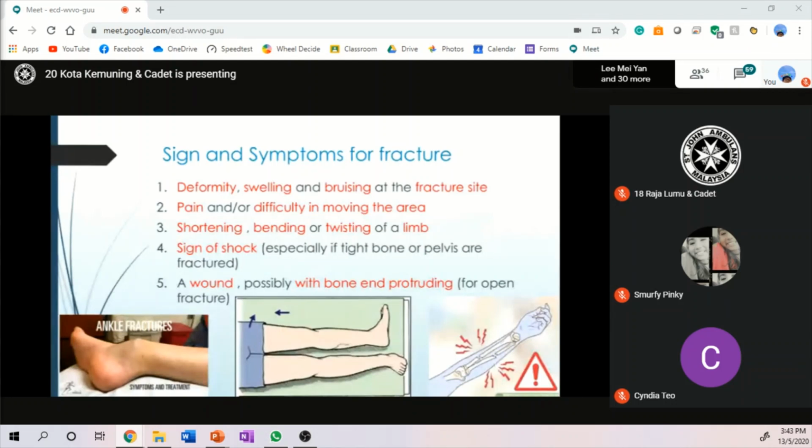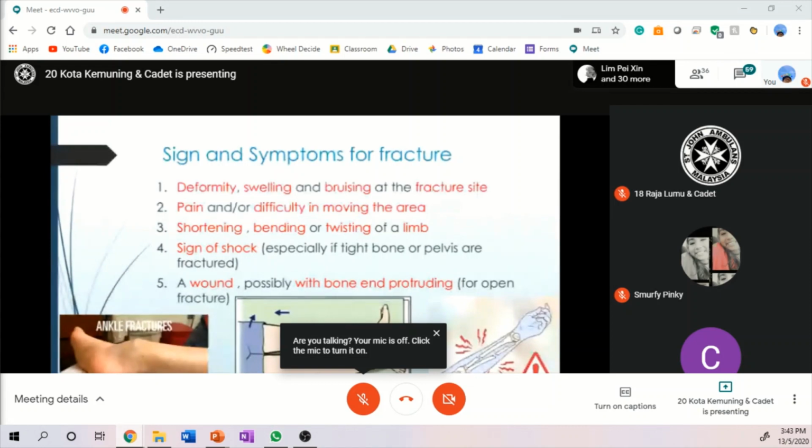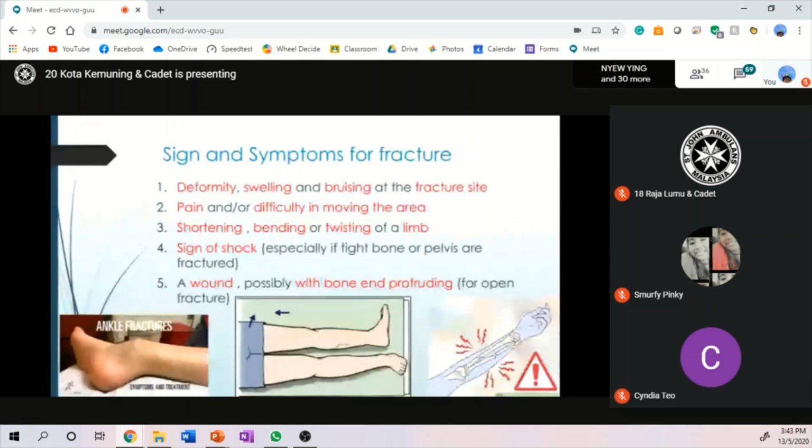There are some types of deformity, like shortening. The leg will be shortened a bit because the bones are not in the original place.